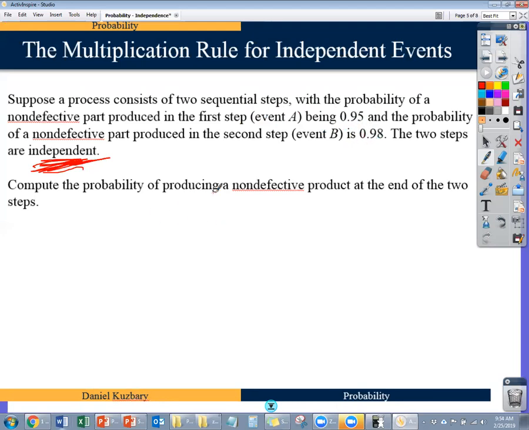So the chance of producing a non-defective product at the end of both steps, let's see if we can write this in a nice way. We want to say that A is non-defective and B is non-defective. I'm abbreviating. So this is after both steps.